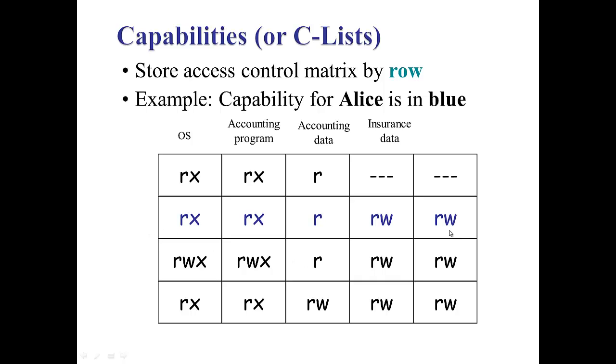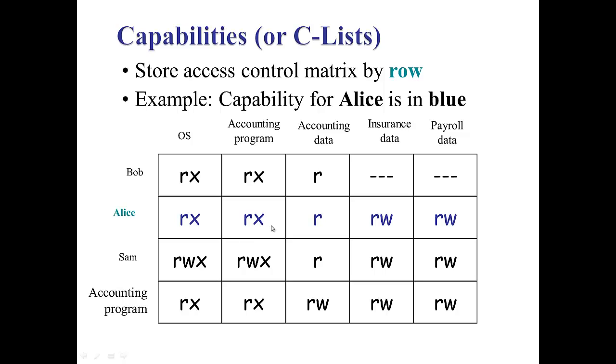When we talk about the row, that means we call it C lists, or capabilities. That means what kind of capabilities does Alice have? Alice has the capability of read and execute the OS program.